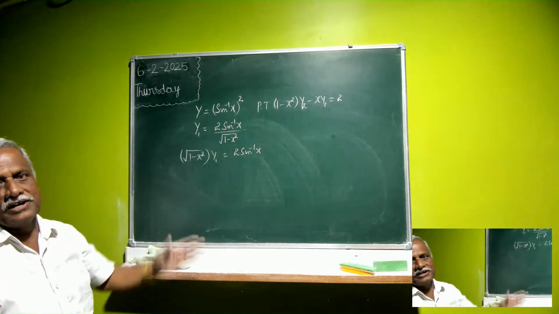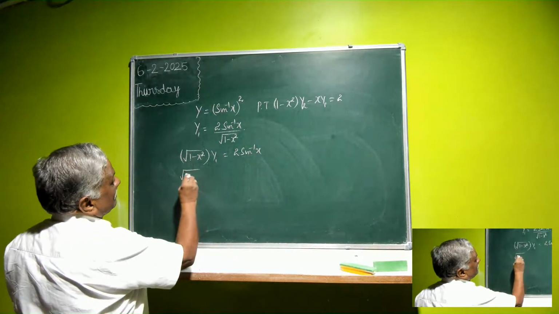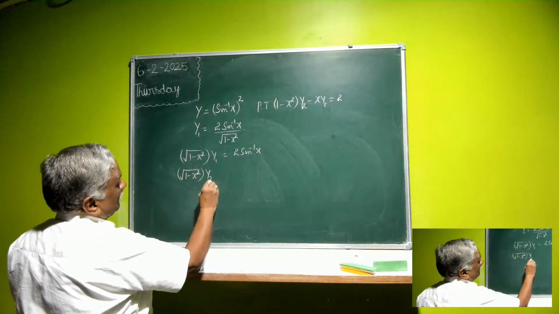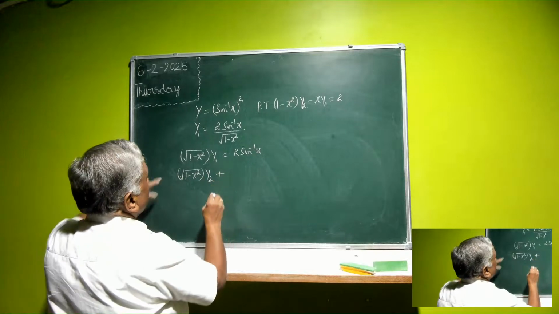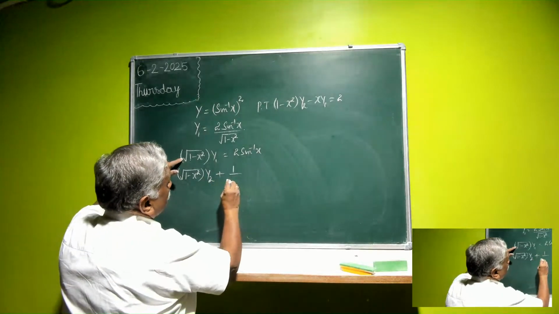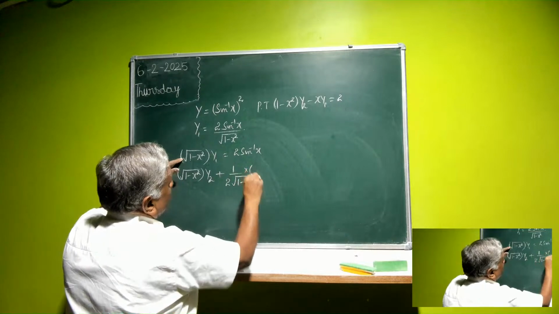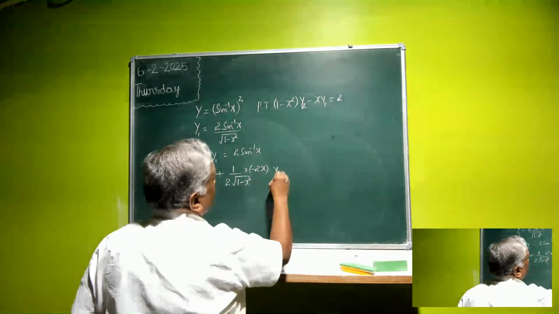Now again, differentiate using product rule. Keep root of 1 minus x square as it is, differentiate y1, you get y2. Now, you have to differentiate this root: 1 over 2 root of 1 minus x square into derivative of 1 minus x square, which is 0 minus 2x. Y1 we have kept as it is.